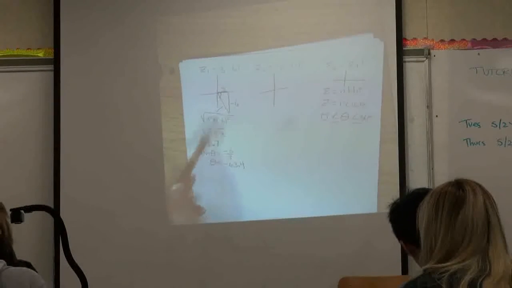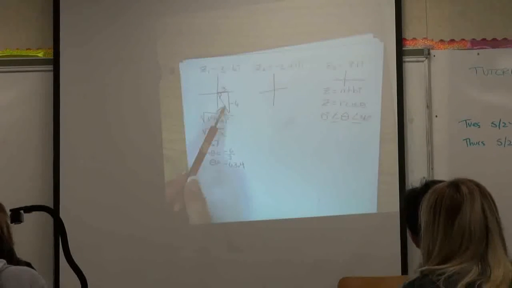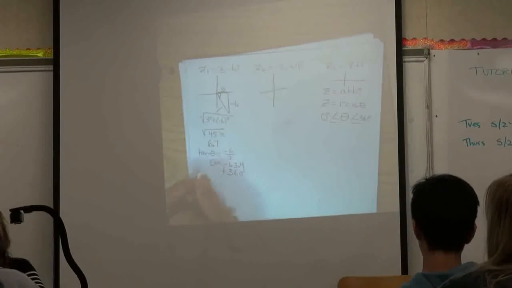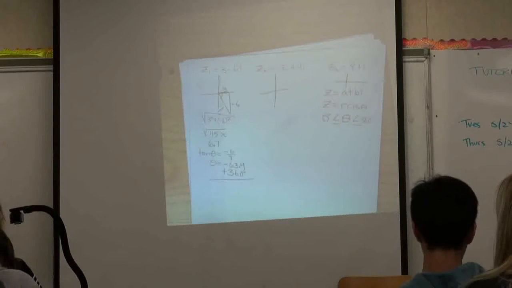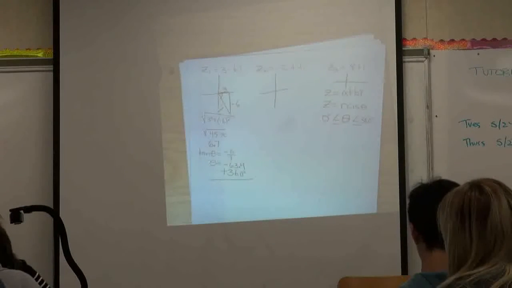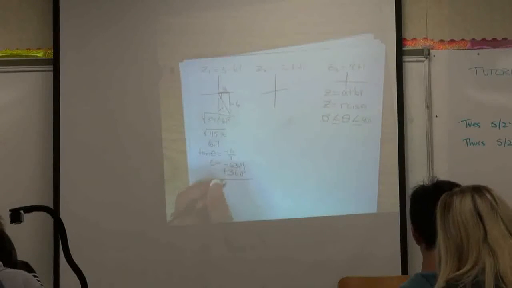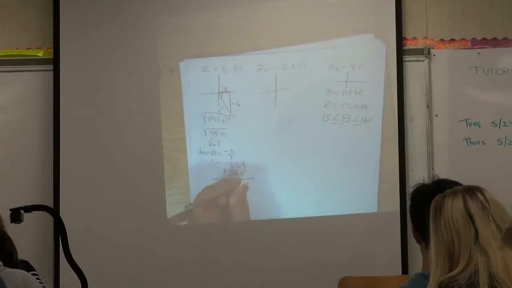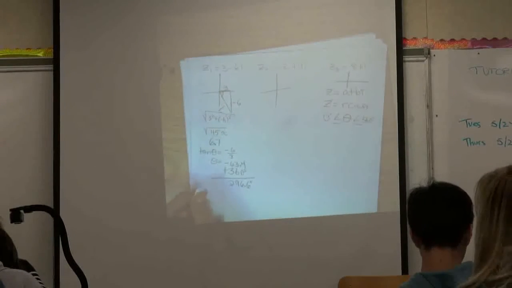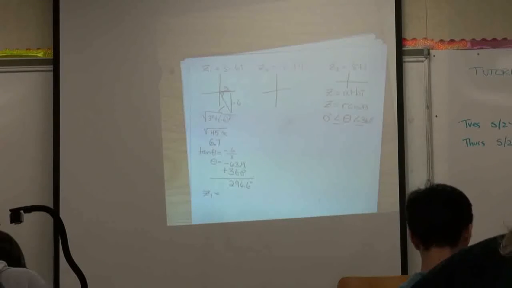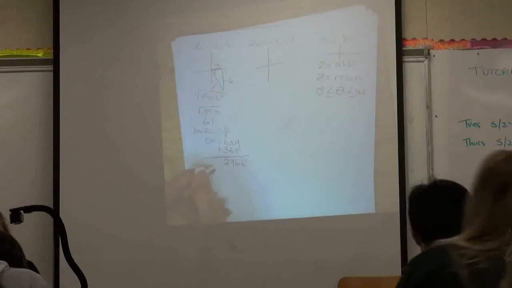So think about it. What do you really add? 360. Not 180, because you usually add 180. 360 because your triangle's in quadrant 4. And now what do you get? 296.6 degrees.